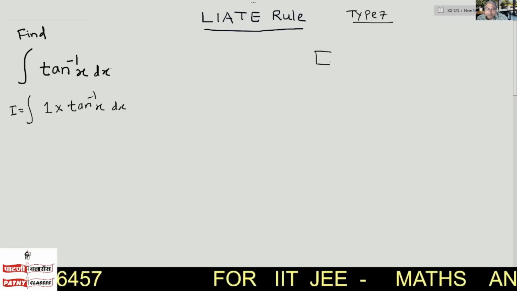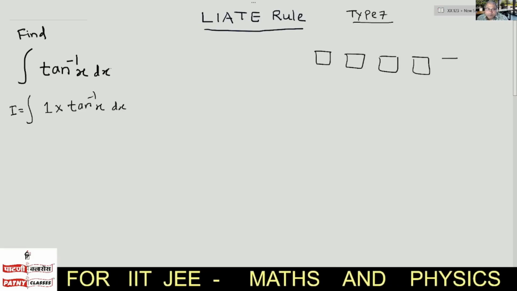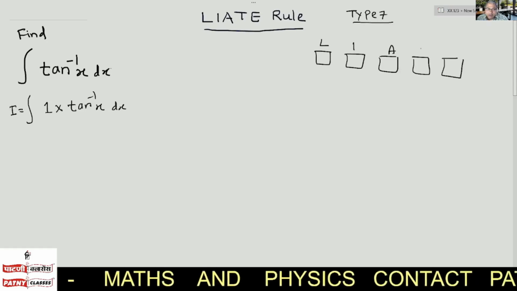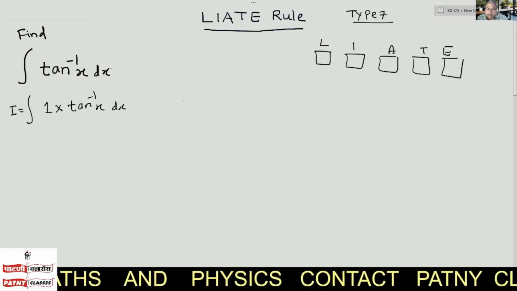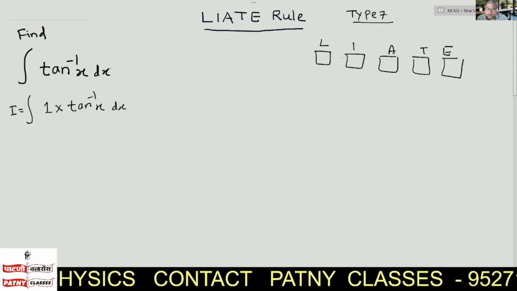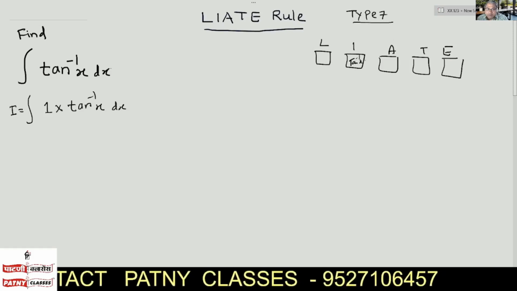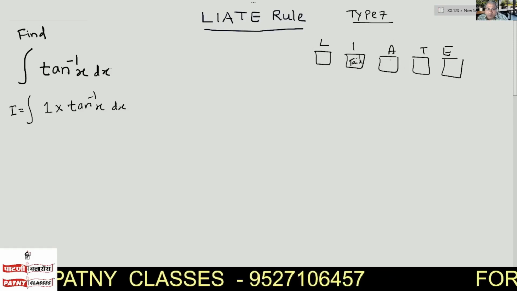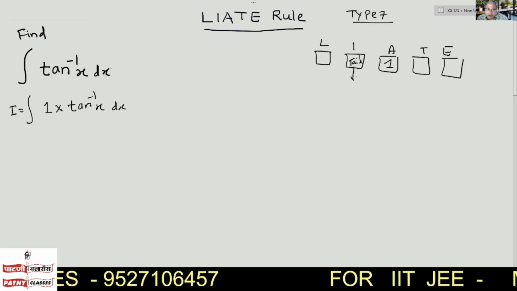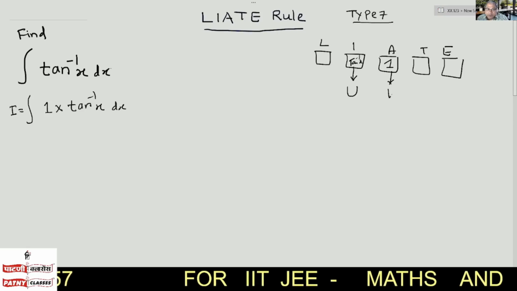Now, five boxes: L, I, A, T, E. Tan inverse x comes under inverse trigonometry, and 1 comes under algebra. So tan inverse x becomes u and 1 becomes v.